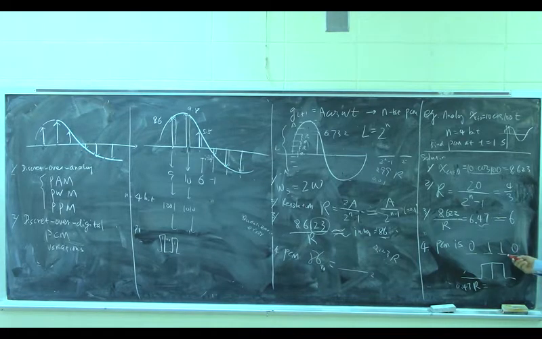Now let me ask this one. This one is the PCM code. What does this code actually represent? We want this one to represent 8.6 something, right? So what does this actually represent? 6. It represents 6. But what voltage does this represent?